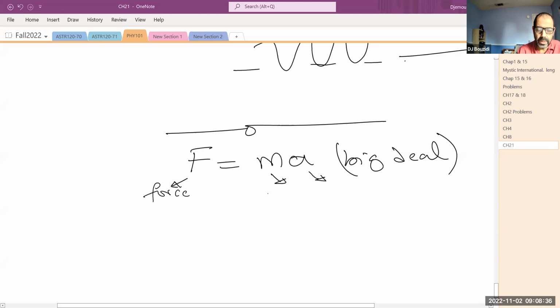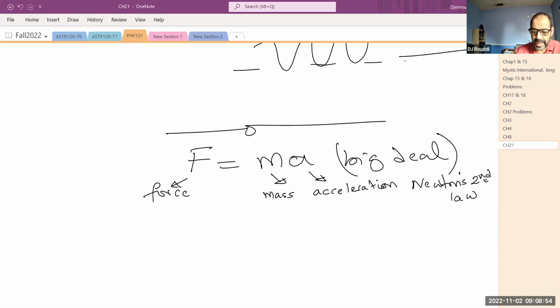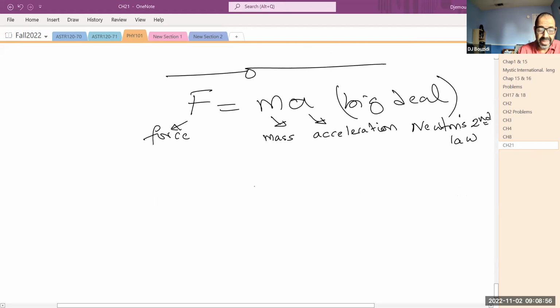Force is equal to mass times acceleration. This is Newton's second law. Probably the next thing in importance worth remembering from this class is Ohm's law.